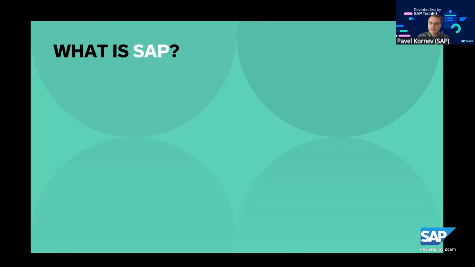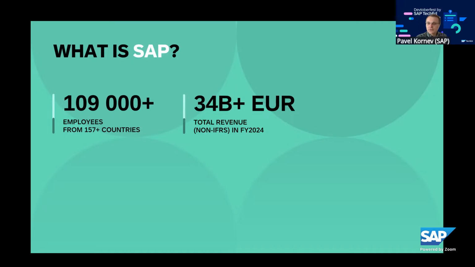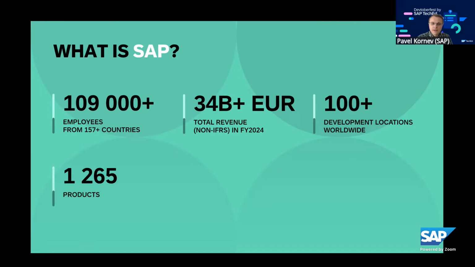But at the same time, SAP became a big company itself. And today we have more than 100K employees around the world. So we generate some revenue. So we have development teams in more than 100 locations across the world. And also we have more than 1,200 products.